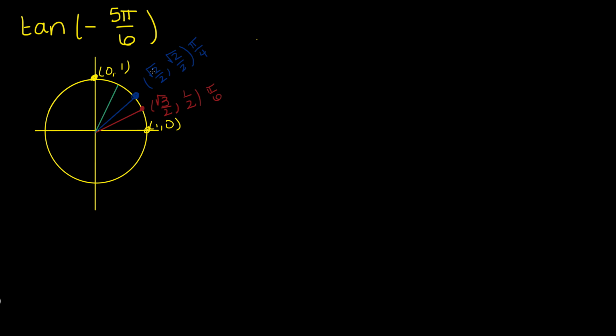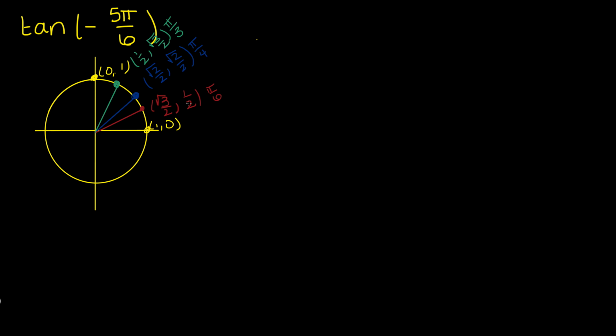My cosine of pi over 4 would be the square root of 2 over 2, and the sine of pi over 4 would be the square root of 2 over 2. And then this last point is 1 half, the square root of 3 over 2, and this is for your pi over 3's. So your cosine of pi over 3 is 1 half, and your sine of pi over 3 is root 3 over 2.